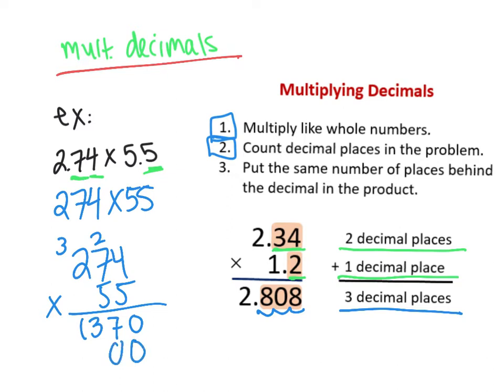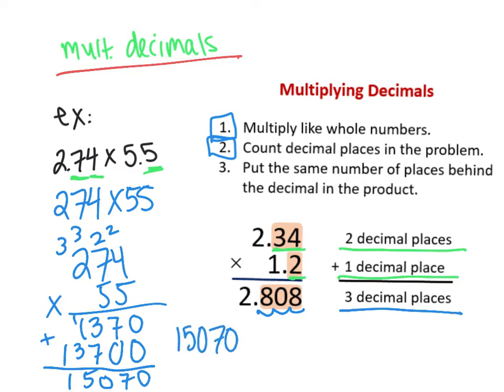Again, 20, 35, 36, 37, and then 13. Okay, so I'm going to add up those two numbers on the bottom here. Again, this should all be review. You've done this for a long time, going back to elementary school.